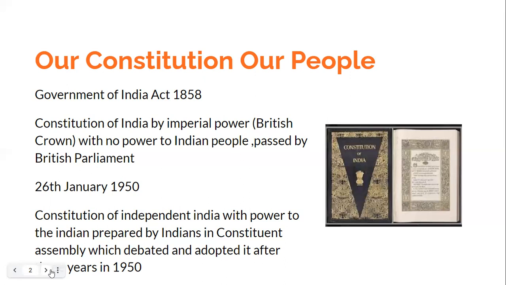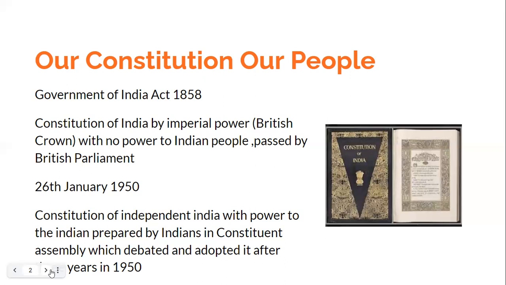And finally, once we got independence in 1947, and when we had our own Constituent Assembly, which framed our own constitution, that was the ultimate success for the Indian people.